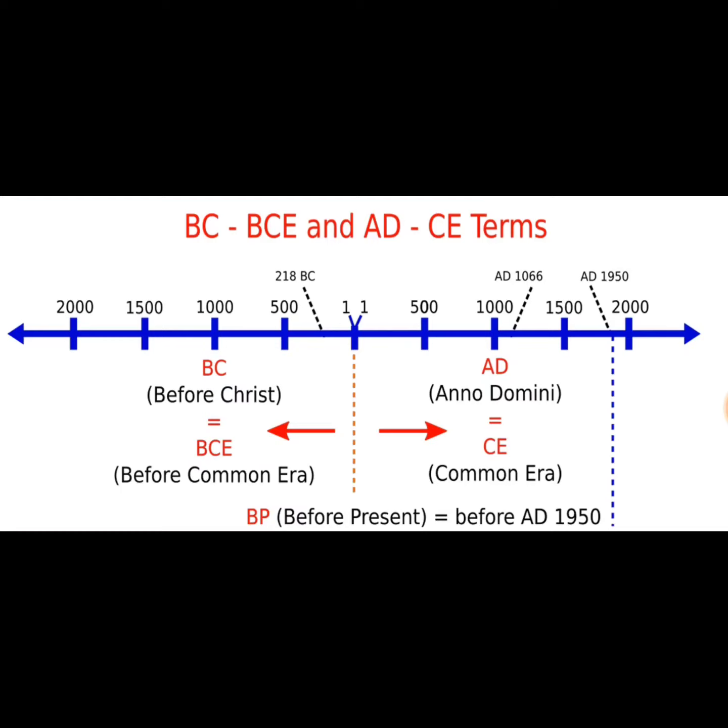AD is known as Anno Domini and CE is known as Common Era. There is one term BP, before present, that is before AD 1950. This we will know further in the video. Firstly, we will take care about the four terms, that is BC, BCE, AD and CE.